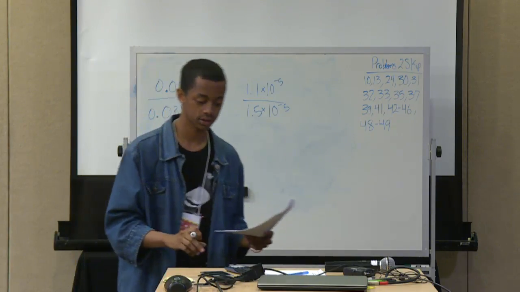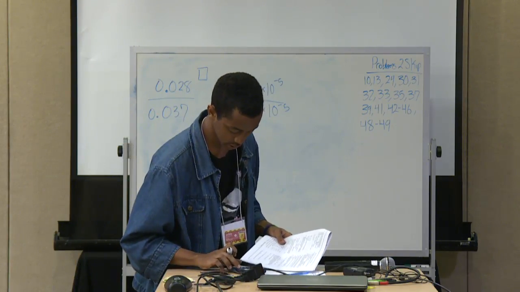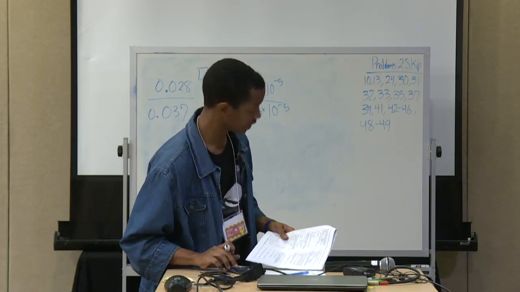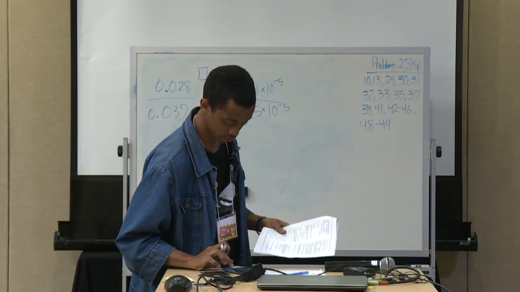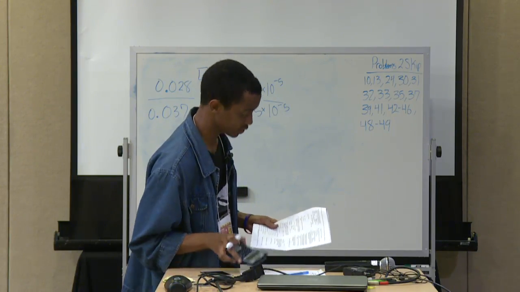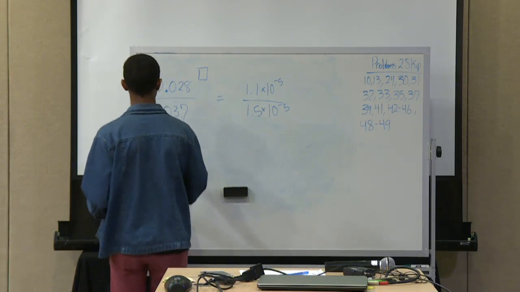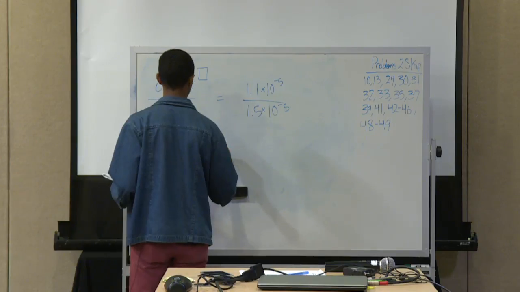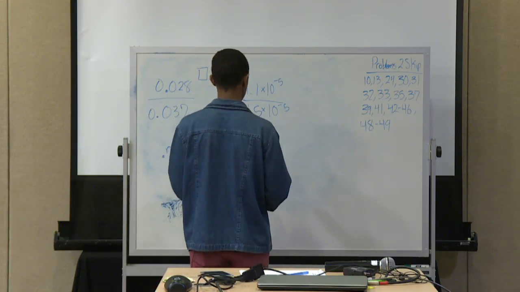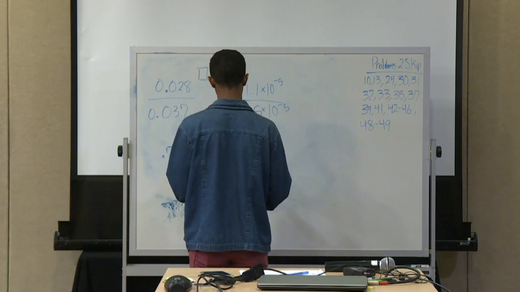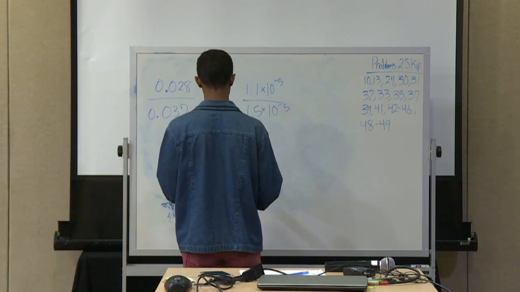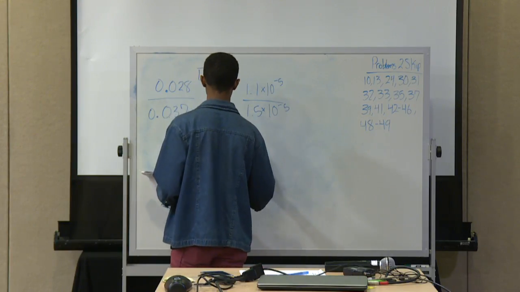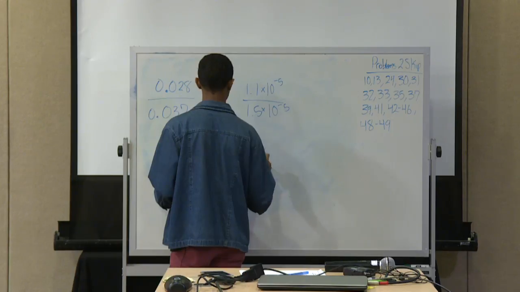What are those ratios? 0.028 divided by 0.037 is 0.756, and 1.1 divided by 1.5 is like 0.73.